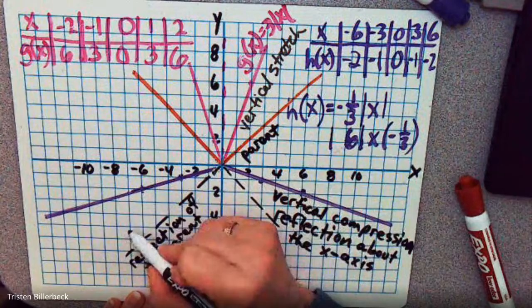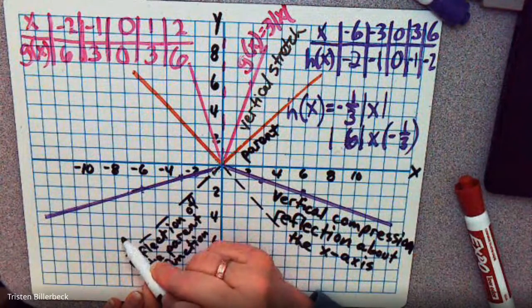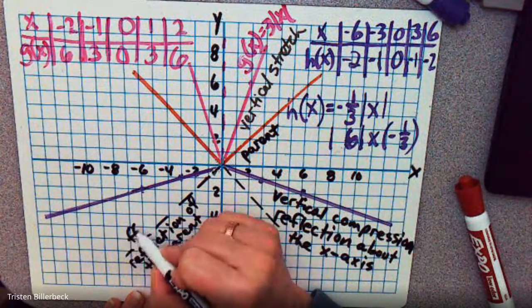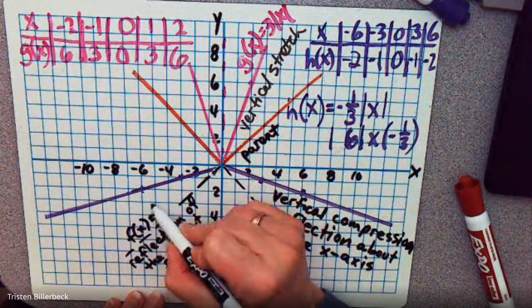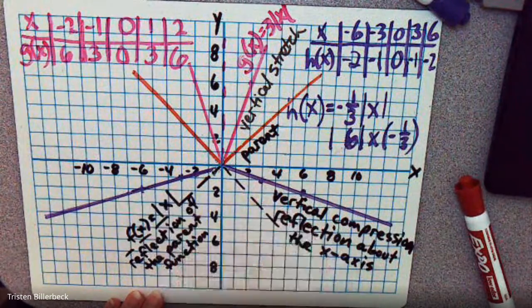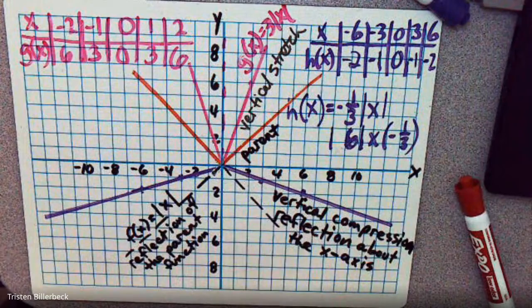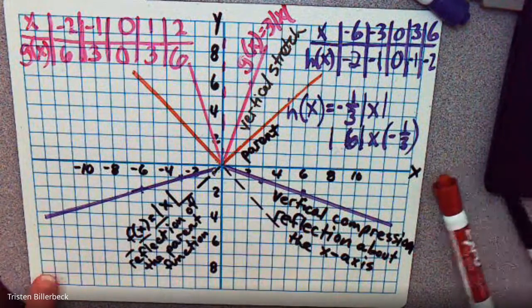And if you're not following me, the parent function was f of x equals the absolute value of x. That is the parent function. Okay, all right, let's go to the last example. We're almost done.